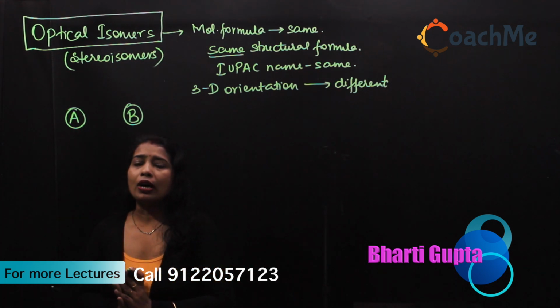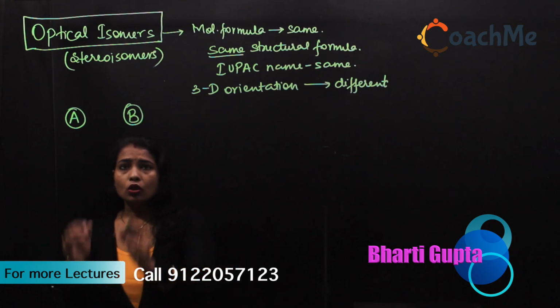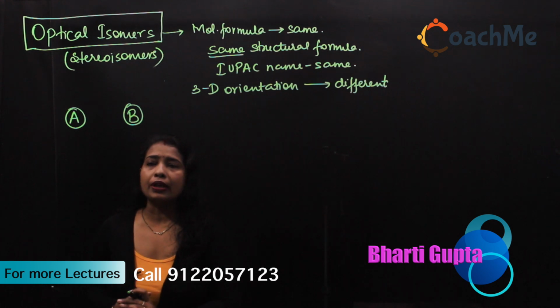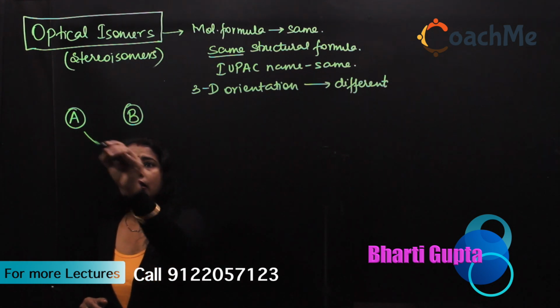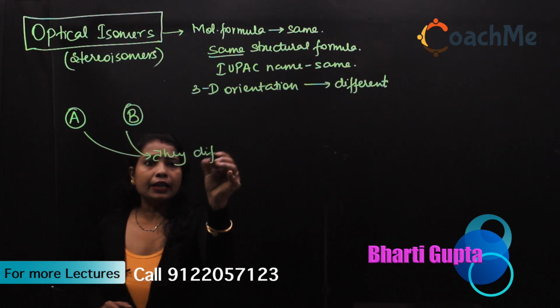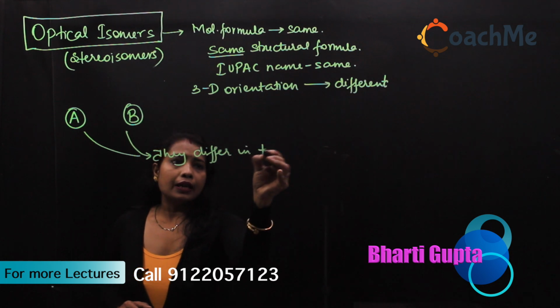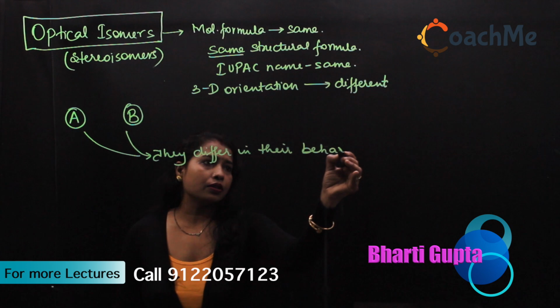Now among the stereoisomers, if we want to say that they are optical isomers, what must be the basic difference between A and B? If we are saying these two are optical isomers, they differ in their behavior towards light.